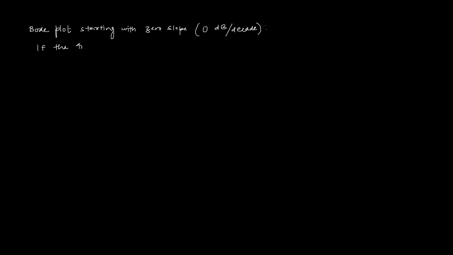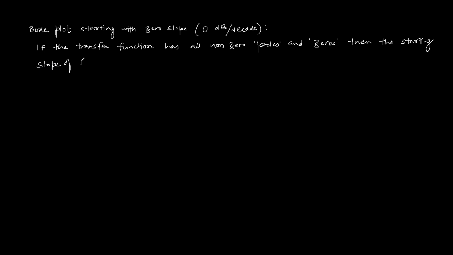If the transfer function has all non-zero poles and zeros, which means the value of all poles and zeros are non-zero, then the starting slope of Bode plot is 0 dB per decade.